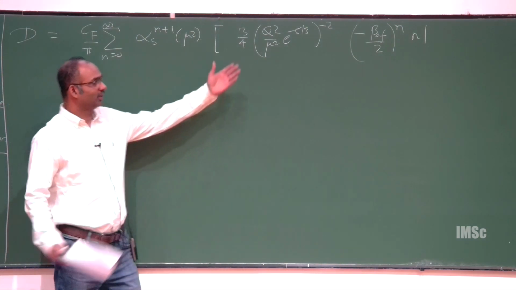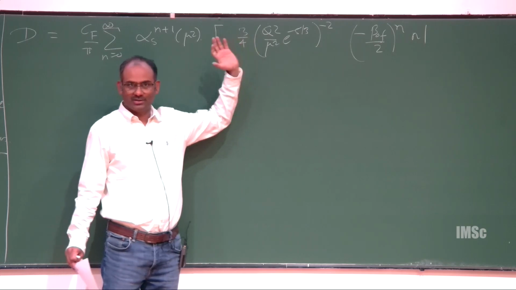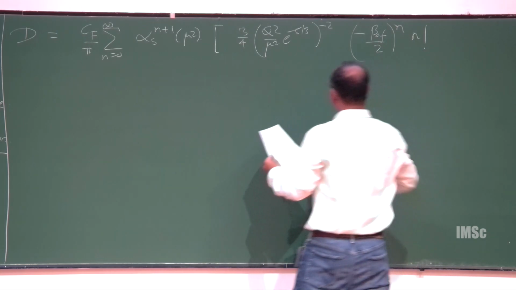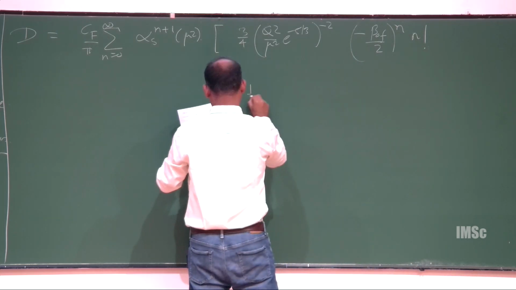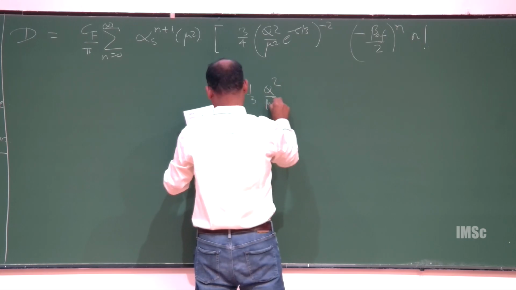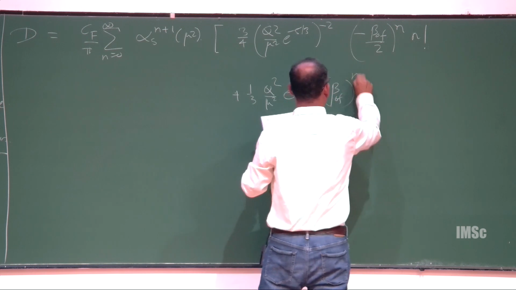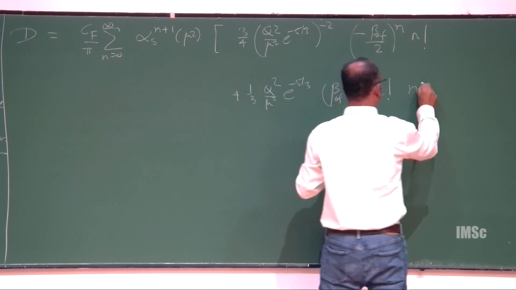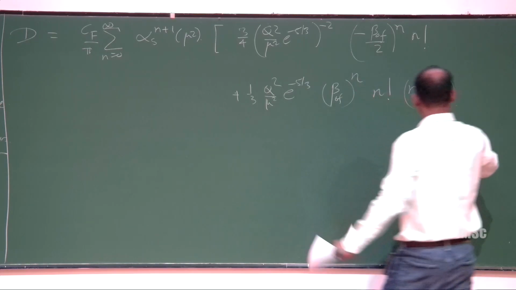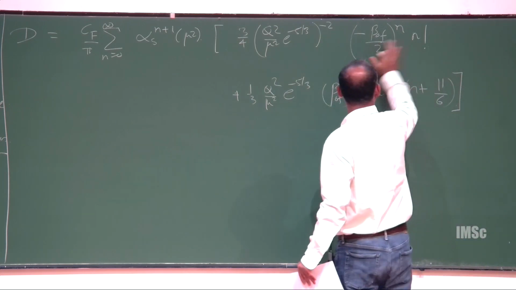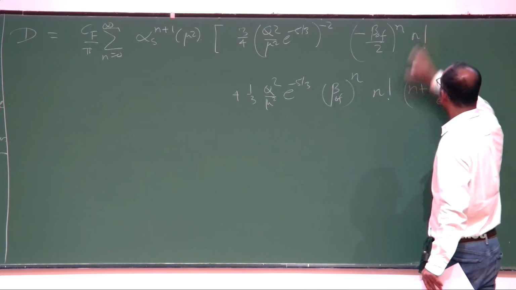So you remember this is what I was calling DIR, the contribution from the infrared region coming from low values of k. And then we had a term. I hope my factors are correct, but even if they are wrong, the point that I am trying to make is still fine. So we had this factorial growth coming from the infrared region.